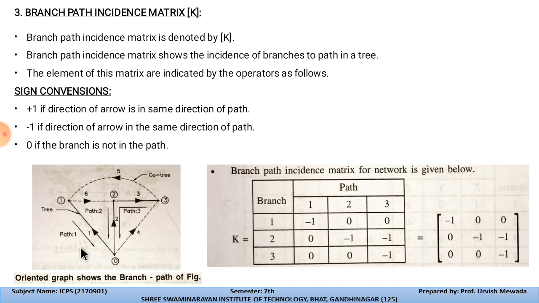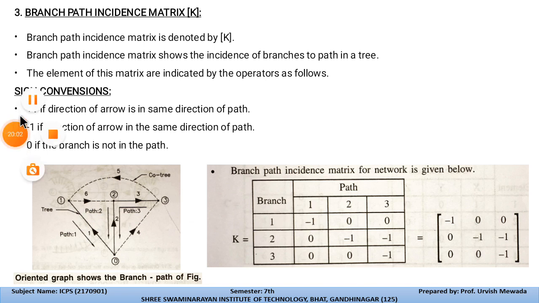You can see this is the direction of the path. Sorry, both are in the same direction, then we will take the minus 1. So here you can see the tree which is drawn for this, so this is taken as minus 1.